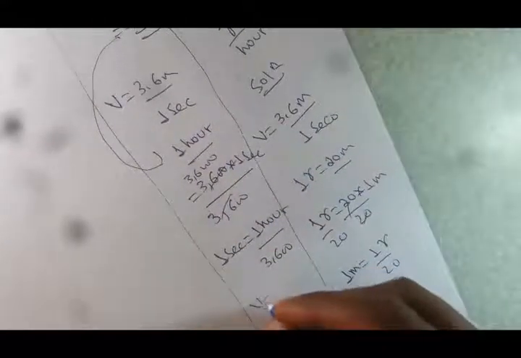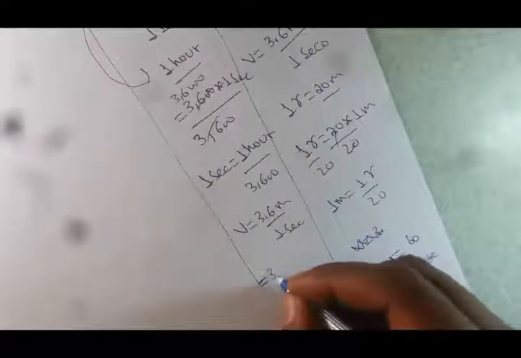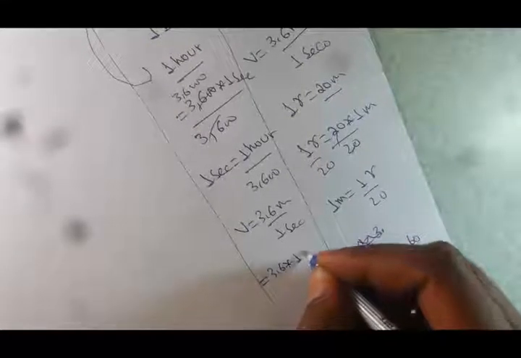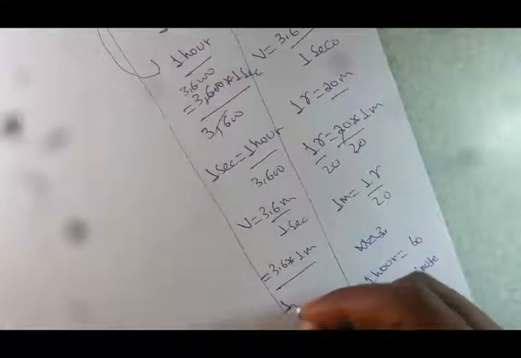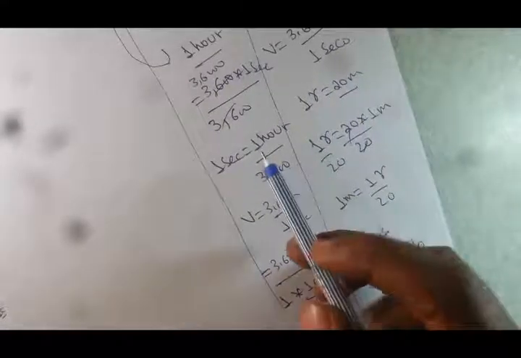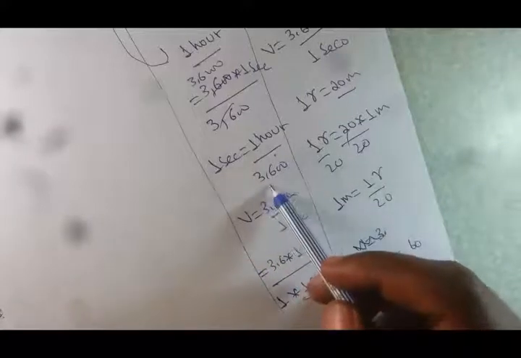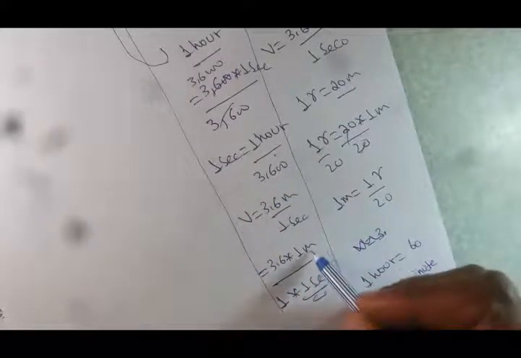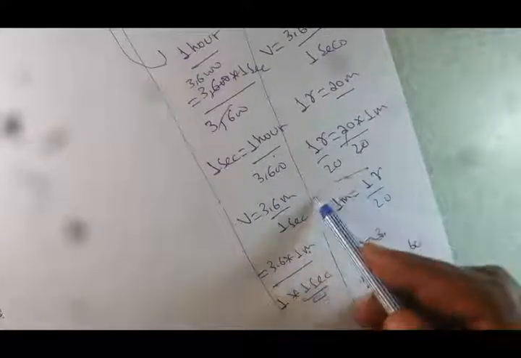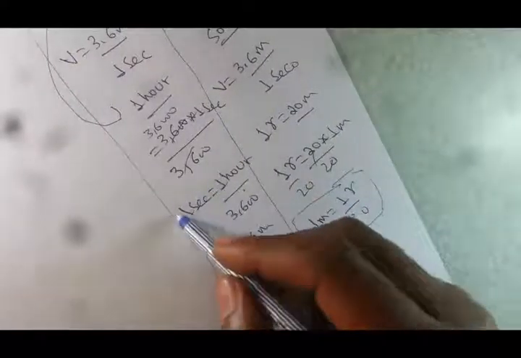V, 3.6 meters over 1 second, can also be written as 3.6 times 1 meter over 1 times 1 second, and we know 1 second is equivalent to 1 hour over 3600, and 1 meter we already found.